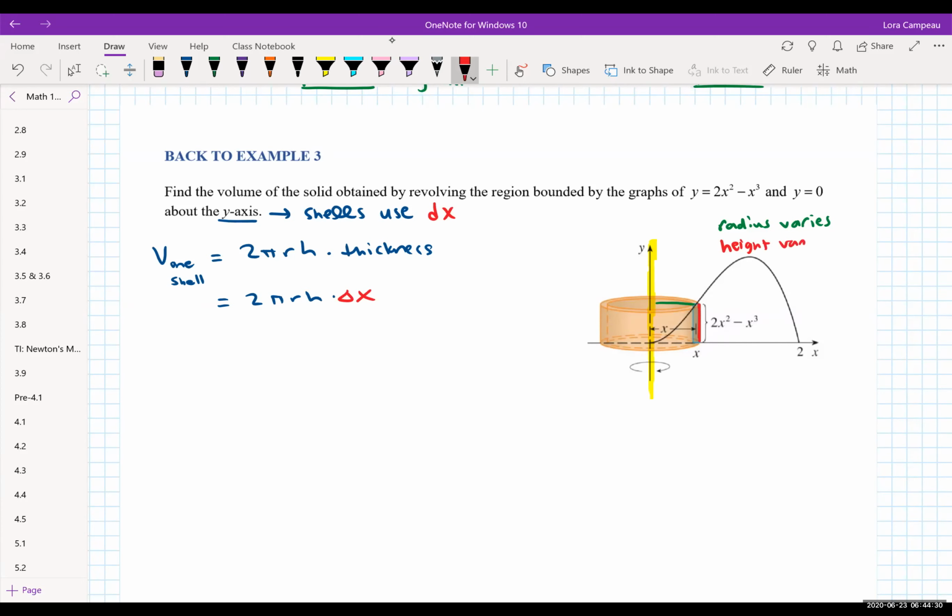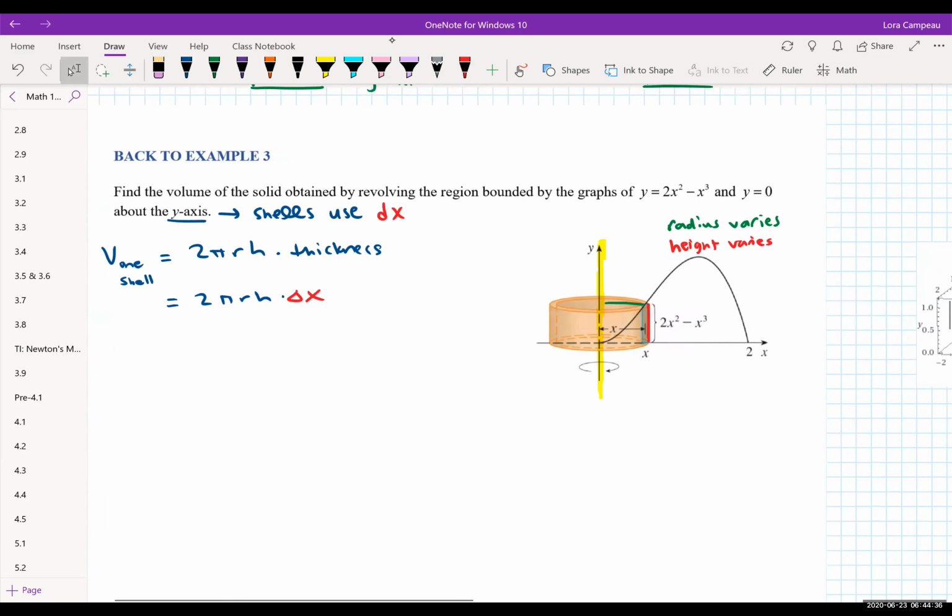So that gives me a big heads up as to why I would use shells. In fact, if you're understanding the way it's set up, the height actually ends up being a function of y. No matter where you draw it, the vertical distance is going to fall along the curve.